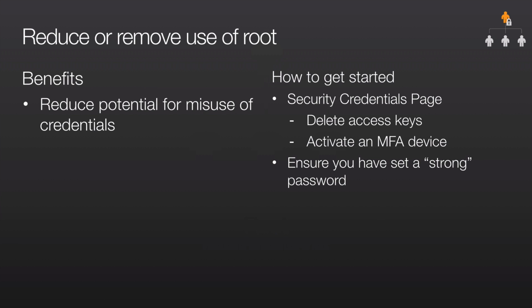A lengthy password with a variety of different character types in it, of course, is a good idea. And this will help you secure the root user, the powerful user that can access all AWS resources within your account. If you have a physical location where you can secure the MFA device that you've used, perhaps locking it in a safe, that's also an excellent idea.